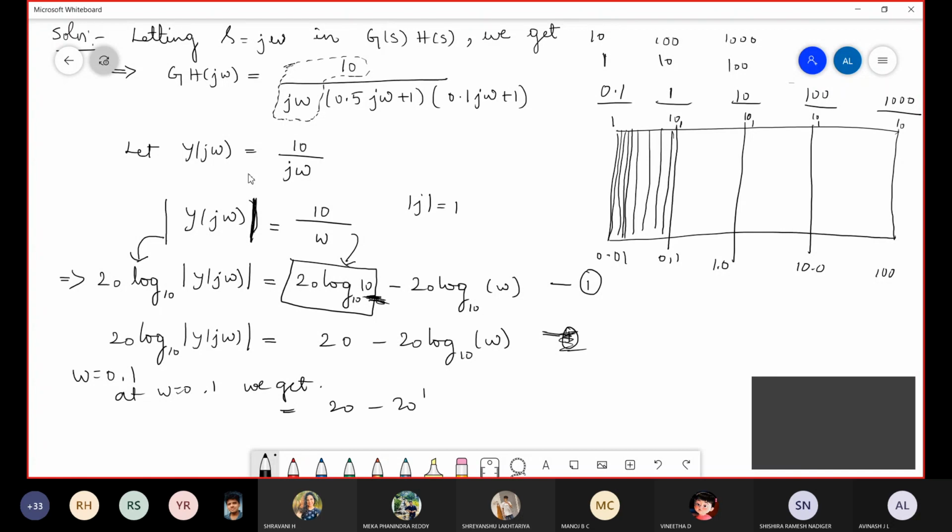20 minus 20 log to the base 10 of 0.1. So tell me the answer, what is the value you will get? Replace the value of omega by 0.1. What we get is 20 minus 20 log to the base 10 of 0.1 will be equal to what?